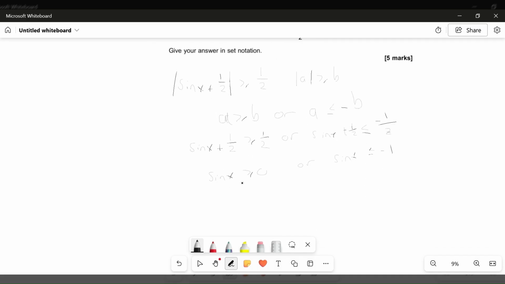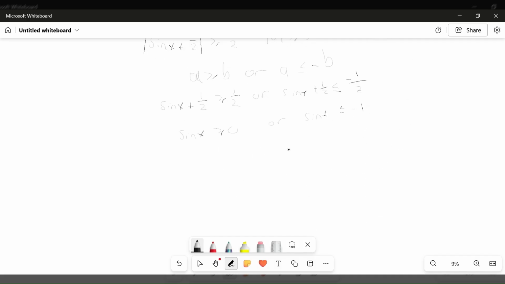After we get to this part, we're going to sketch the sine graph. If we sketch the sine graph between 0 and 2 pi, we'll put that to be 0, that to be pi, that to be 2 pi. We'll do a dotted line to demonstrate the maximum value that the function sine x can attain, and this dotted line at the bottom to be the minimum value sine x can attain.